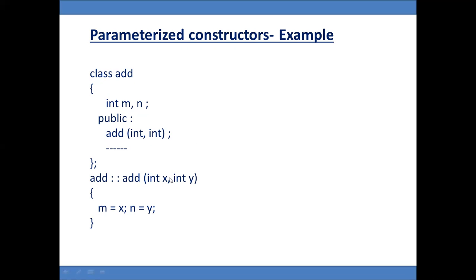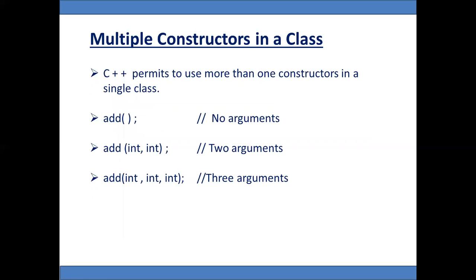You are passing two pieces of data, integer x and y: x is a parameter, y is a parameter. Okay, now m equal to x, that means if x value is 10 and y value is 20, the data are passed: m equal to 10, n equal to y. Okay, it is also called a parameterized constructor. Second, multiple constructors in a class.